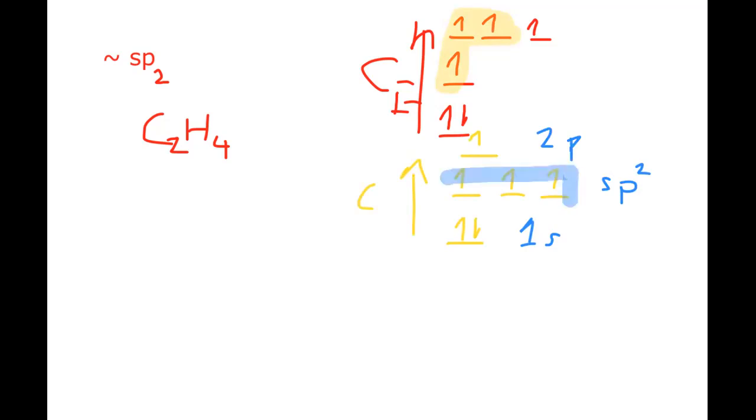Now these three electrons that are at the same energy level will form 3 sigma bonds, while this fourth electron will form a pi bond.